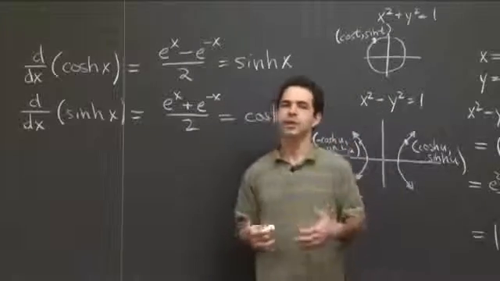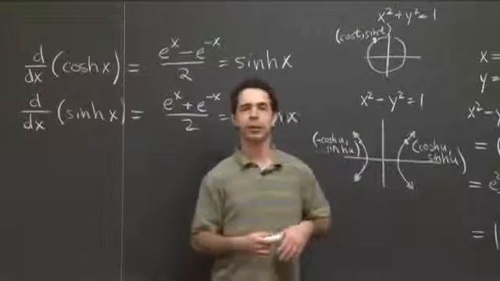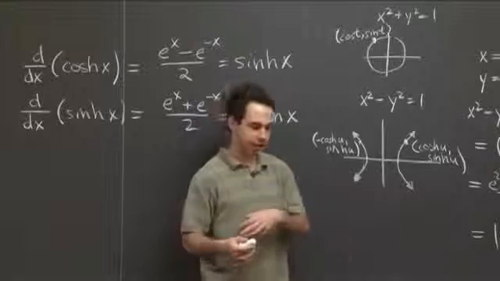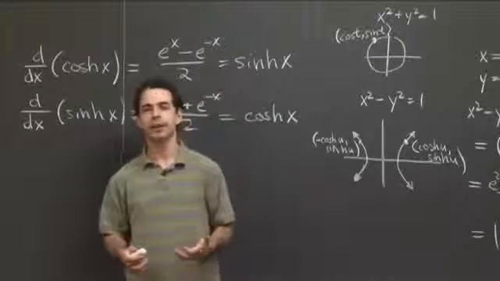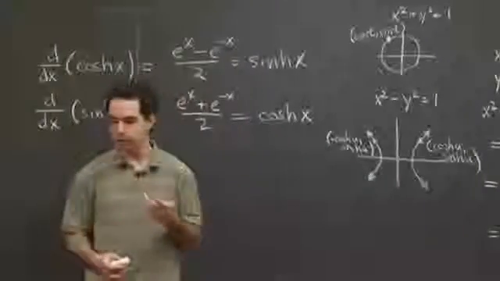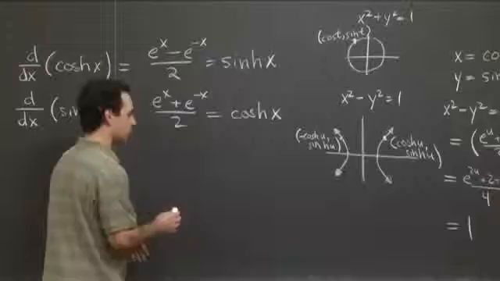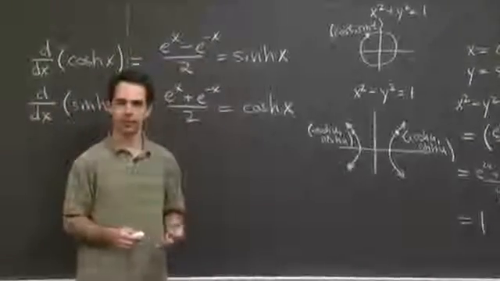So similar relationships, not exactly the same, but similar. This is true of a lot of trig relationships: there's a corresponding formula for the hyperbolic trig functions. One example is your angle addition formulas.